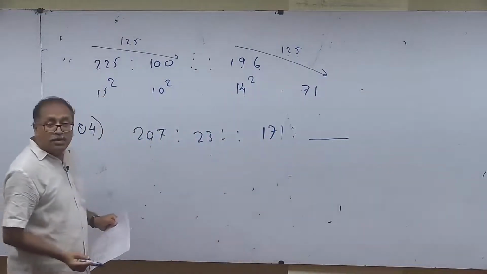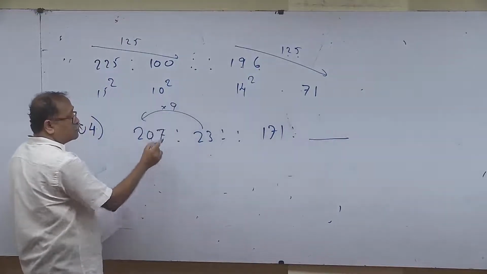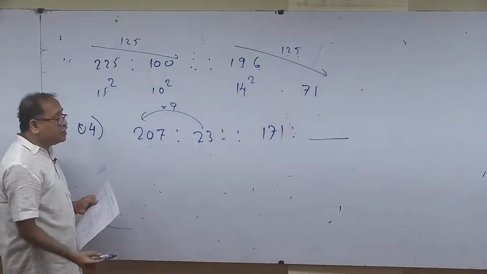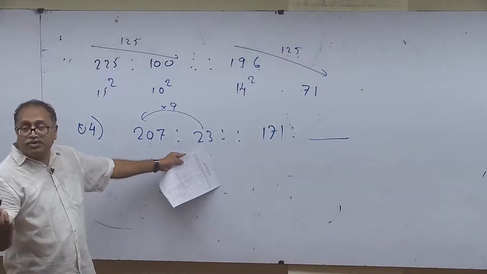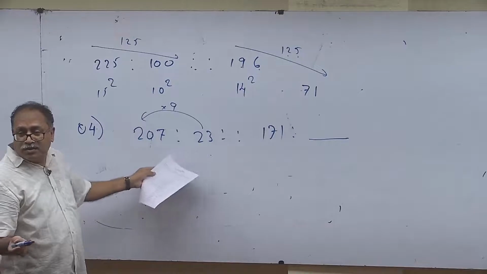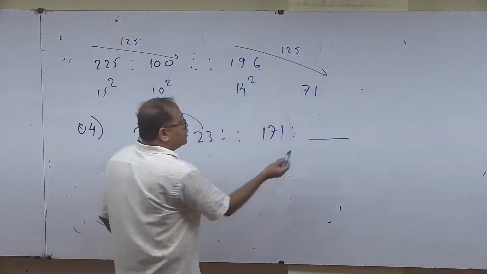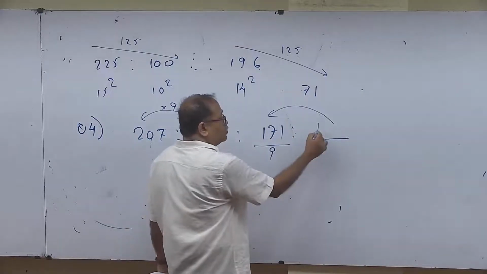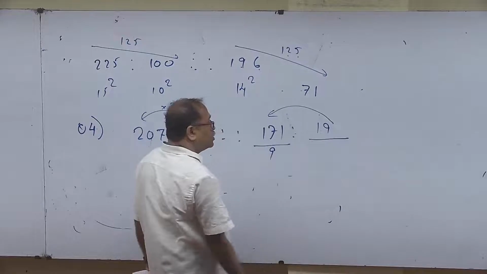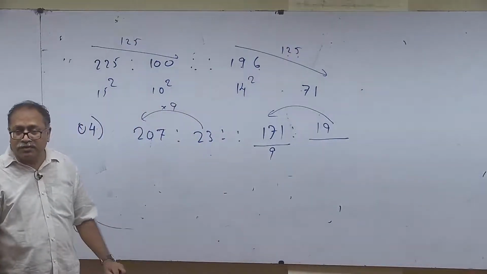Did you notice that? From here to here it is into 9. 23 10 times is 230, 9 times is 207. Here also, 9 times a certain number is this one, or divide this by 9. We are talking about 19, 19 9s, 171.